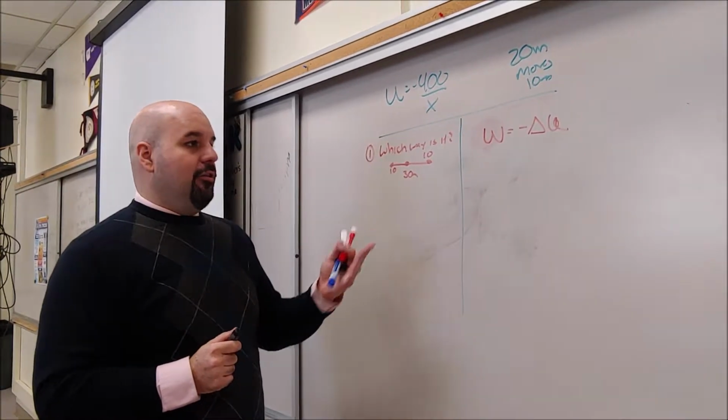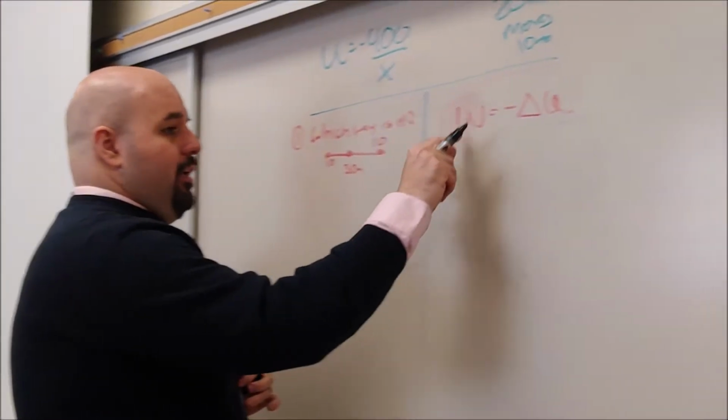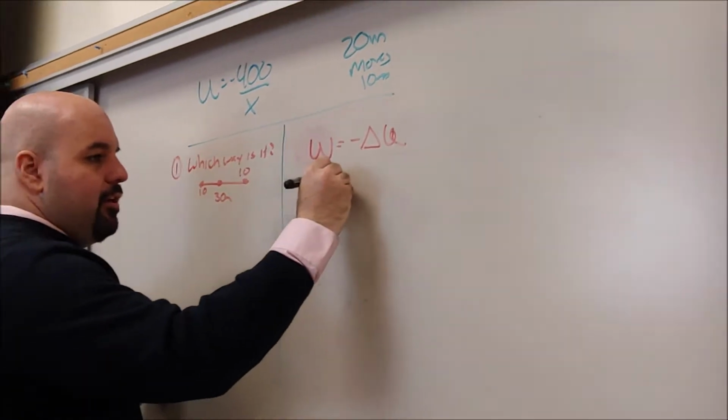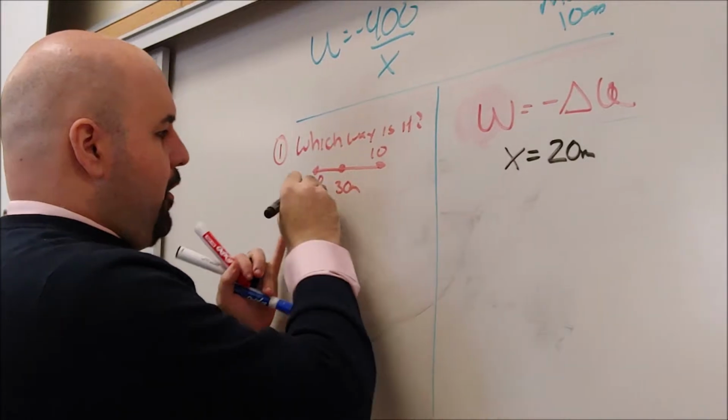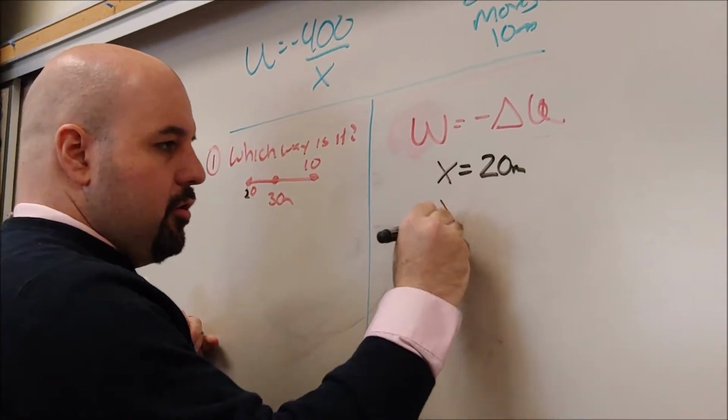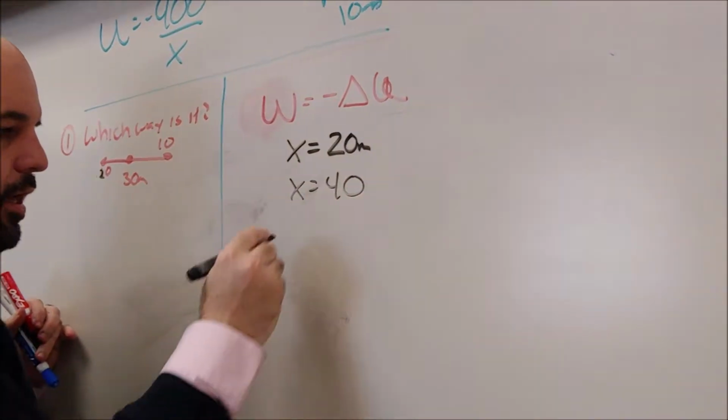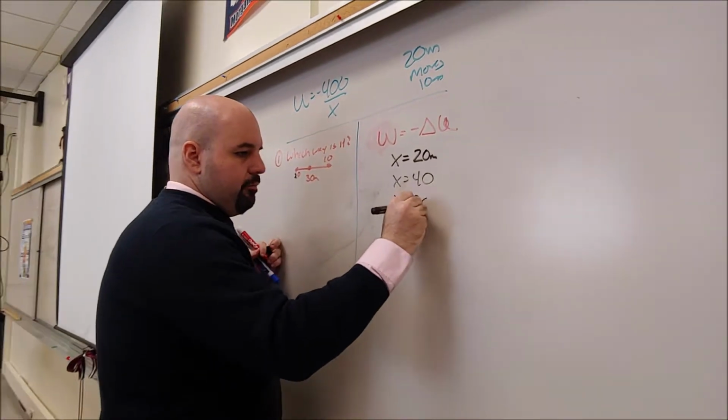So I'm going to put in the x values of 20 meters, which is where it goes if it goes left, and 40 if it goes right, and when it starts at 30.